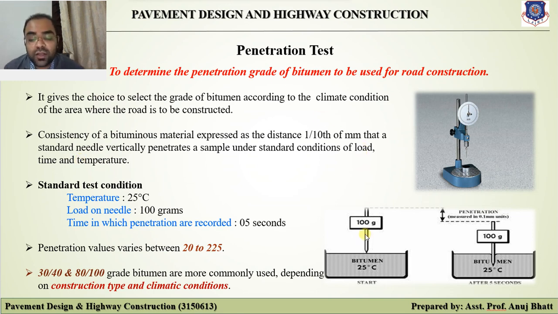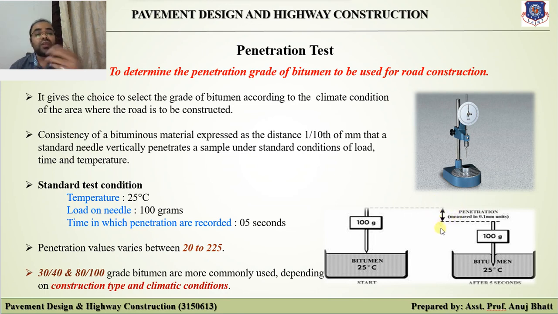Here in this figure you can see that at the initial stage, the needle is to be kept on the surface of the bitumen. After that, the needle is released into the bitumen for 5 seconds with an applied load of 100 grams, and in these 5 seconds, whatever depth it penetrates should be measured, and that is the actual penetration value.